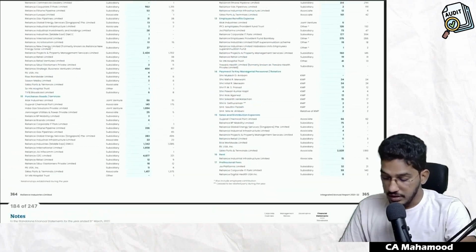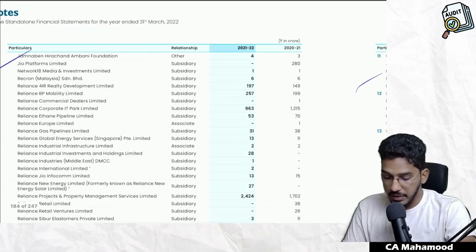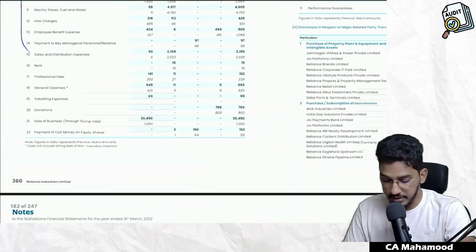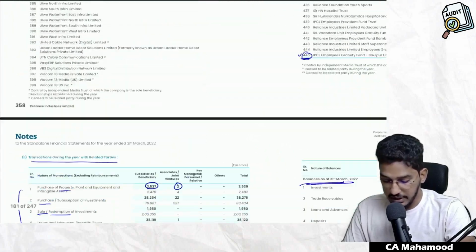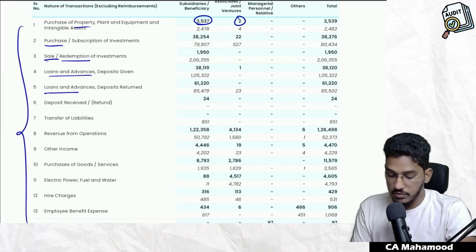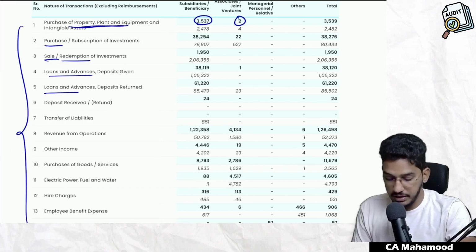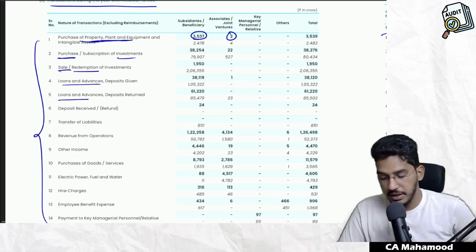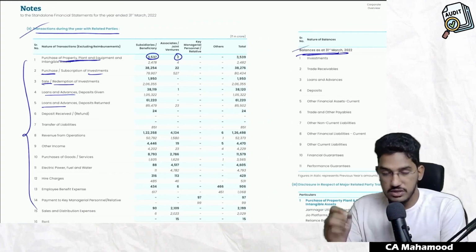If you see here, they are showing related party transactions. For example, what transactions you have done with the related parties, what purchases of PPE you have done from the related parties, what purchases of investments you have done in the related parties. So many disclosures are given for related party transactions.